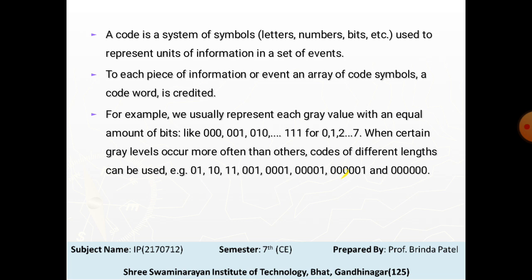So when certain gray levels occur more often than others, codes of different lengths can be used. For example, 01, 10, 11 up to 000000. These can be placed directly after one another and still be decoded again.